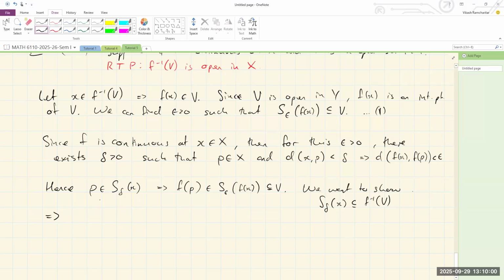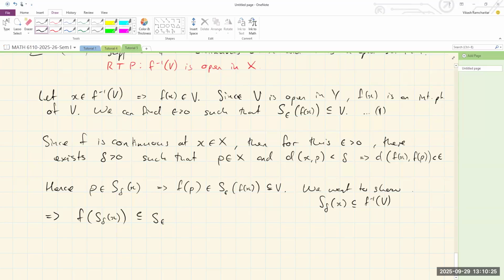If p belongs to this sphere implies that f of p belongs to this sphere, then if I take f of this whole sphere, where does this whole sphere map into? This whole sphere, therefore, maps into this whole sphere, right?